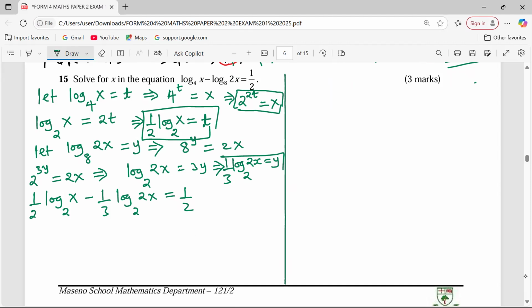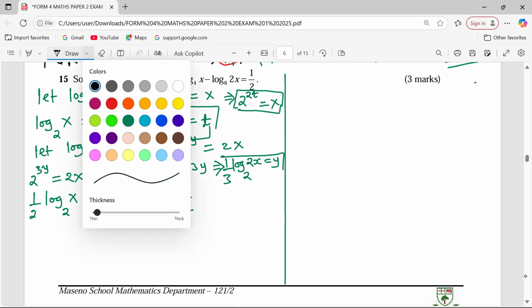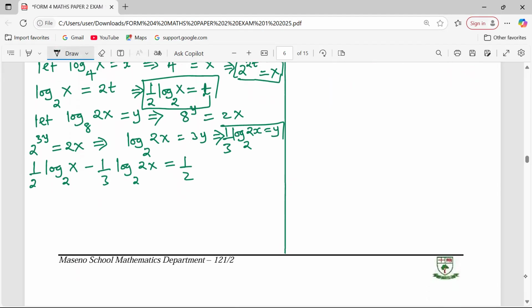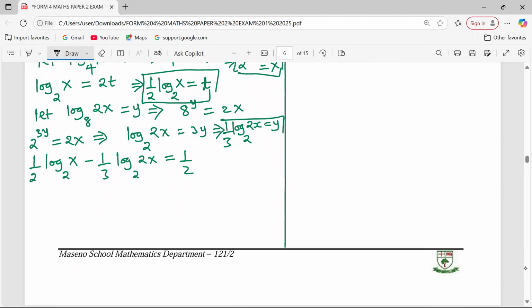At this point, we can remind ourselves of some logarithm laws, like the law that says n times the log of a is the same as log of a power n.